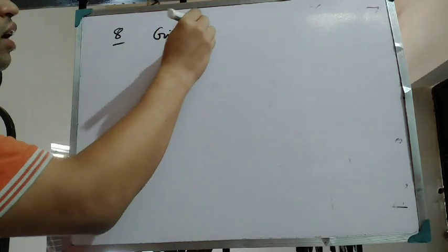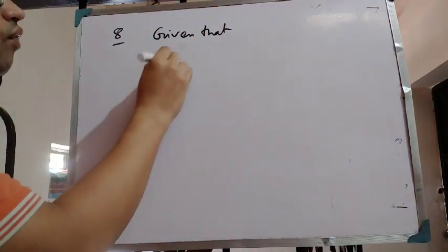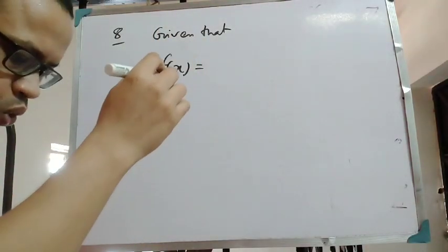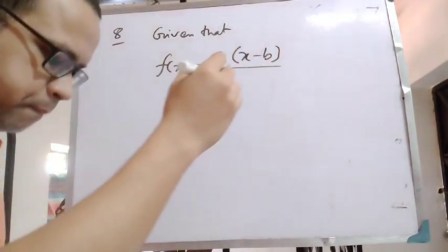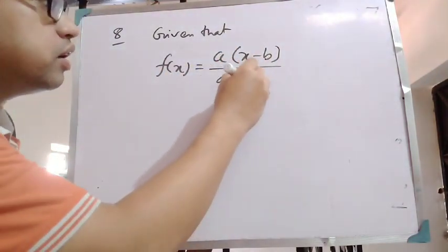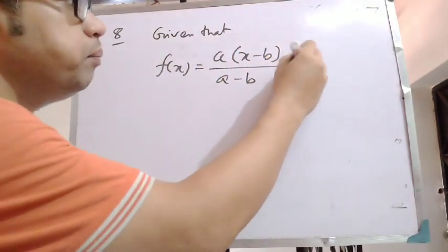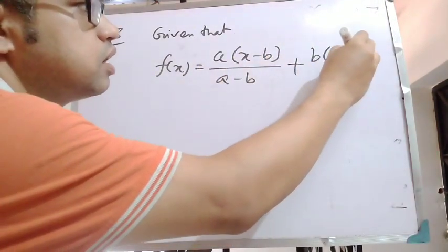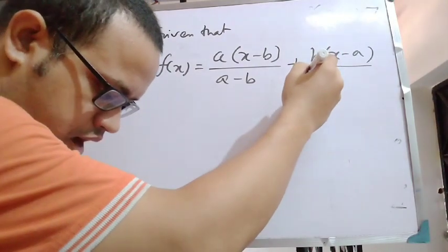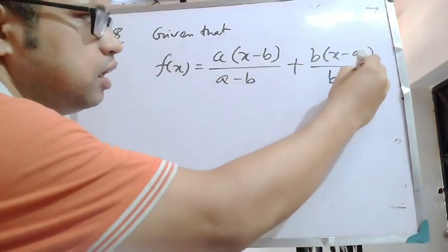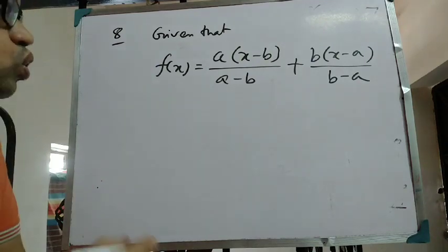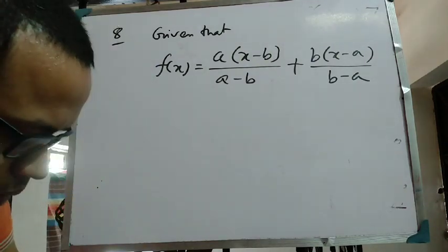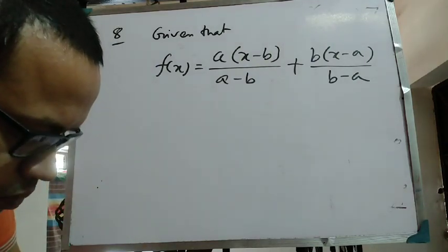Given that f(x) equals a into (x minus b) by (a minus b) plus b into (x minus a) by (b minus a). Then you have to show f(a) plus f(b) is equal to f(a plus b).